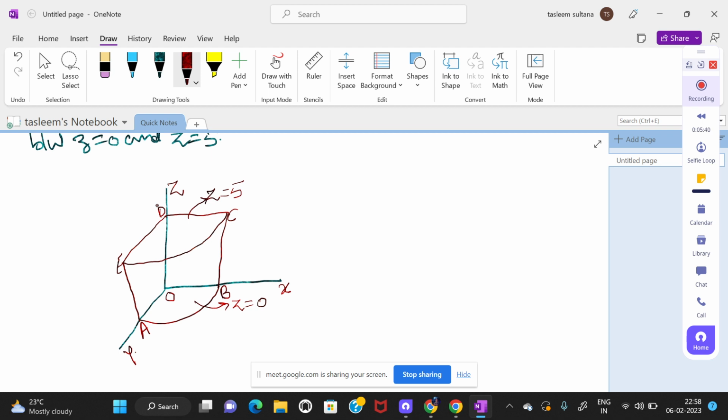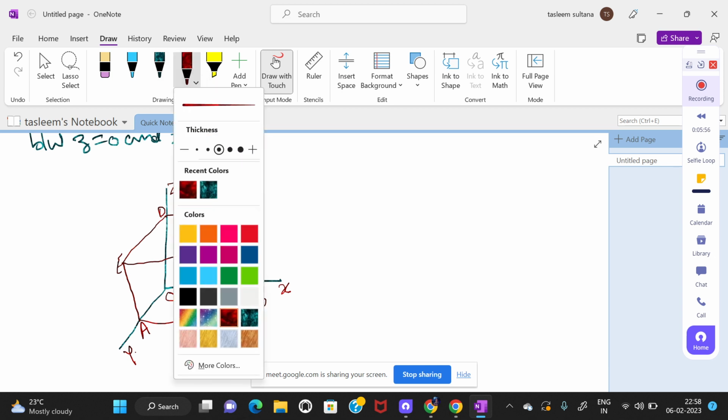Yeah, make a note of that graph, then I will explain. Ma'am, can you explain it once? Because I didn't understand. Yeah, sure, I will explain.